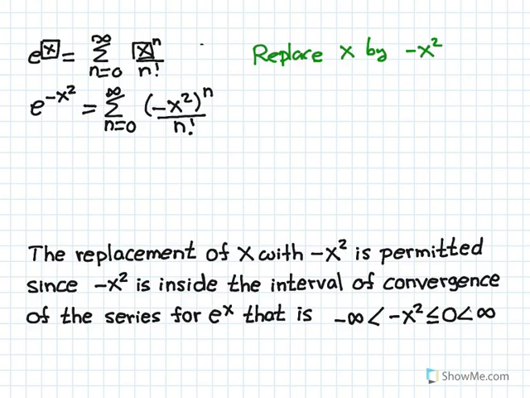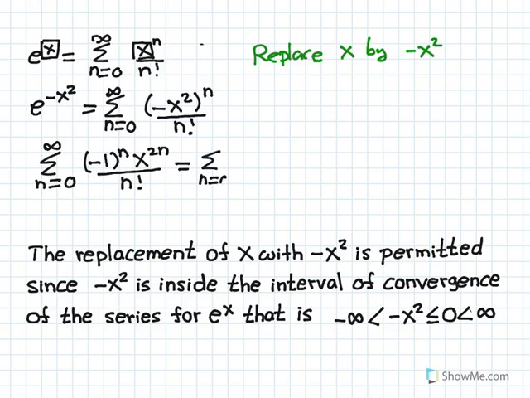Let's summarize. We're given summation n equals 0 to infinity of minus 1 to the power of n x to the power of 2n divided by n factorial. We did some algebra and rewrote it as summation n equals 0 to infinity of minus x squared to the power of n divided by n factorial.